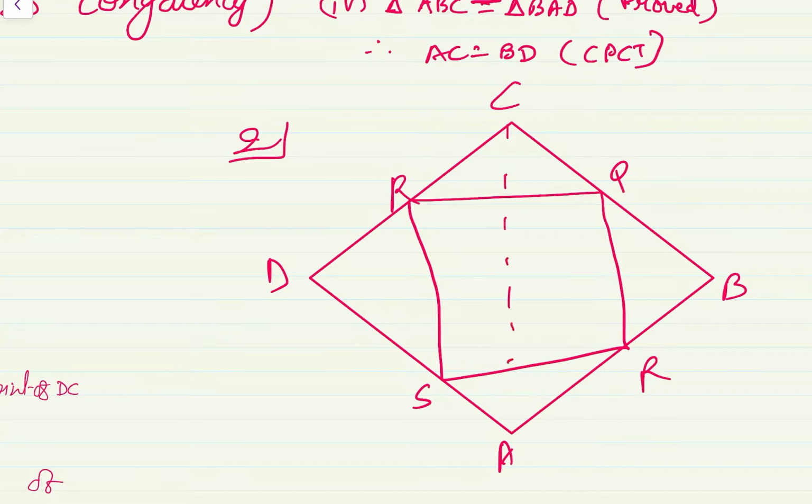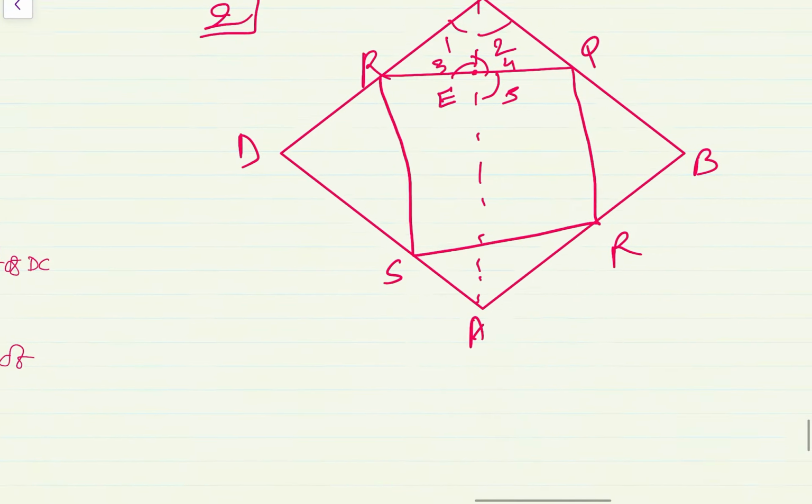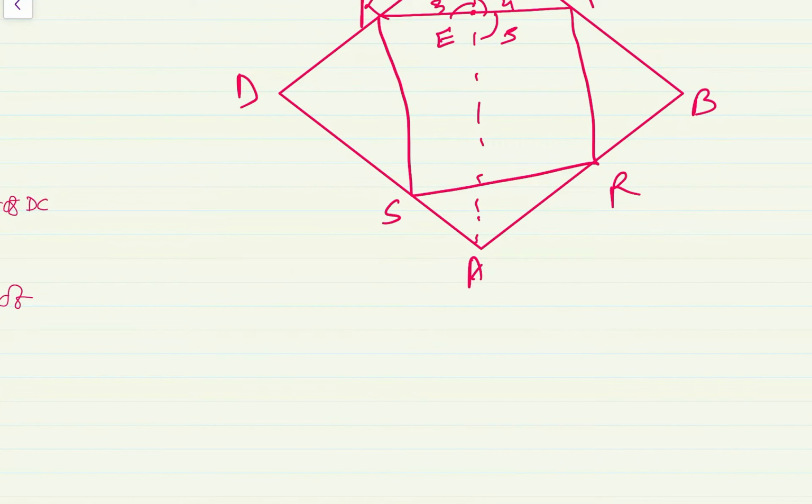AC is the diagonal. We label this as 1 and 2, this angle 3, this angle 4, this angle 5 and this point as point E. Now let us solve it.